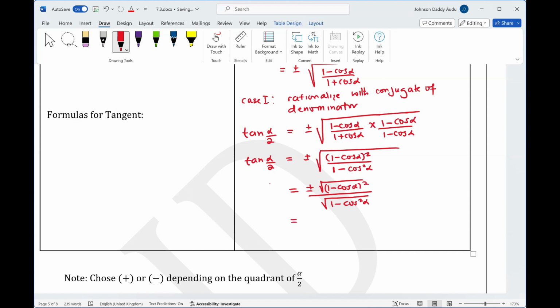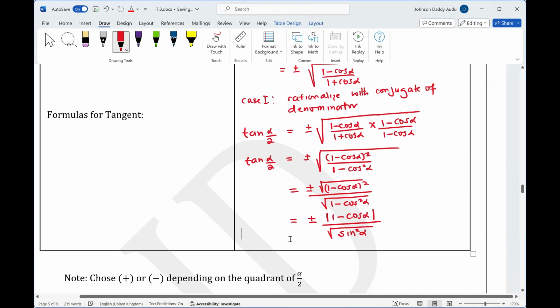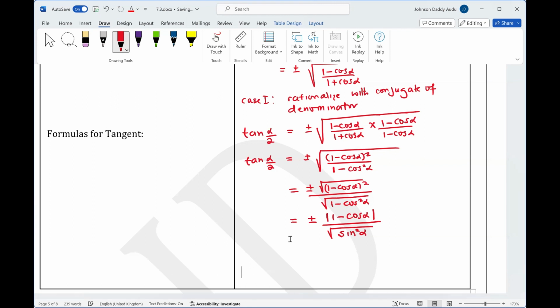Now, this is just going to be plus or minus the absolute value of 1 minus cosine alpha, right? Over this denominator here. If you look at this denominator, we can write it as what? Sine squared alpha, right? Because 1 minus cosine squared is the same thing as sine squared. So, which we can also write in terms of absolute value. This is 1 minus cosine alpha all over the absolute value of sine alpha.